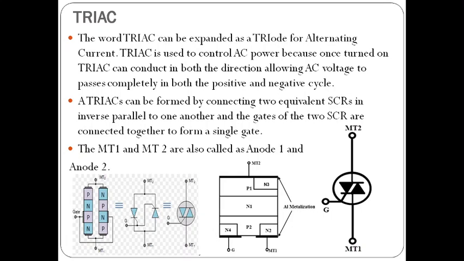That means for the positive half cycle and negative half cycle of the supply. The triac is a 3-terminal semiconductor switching device which can control the AC current in a load.